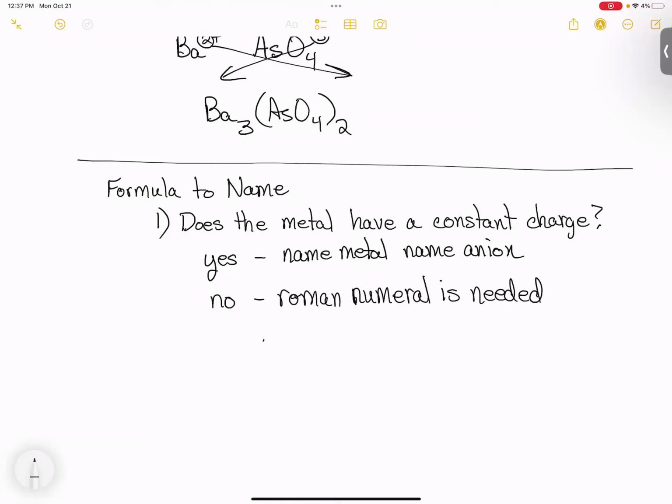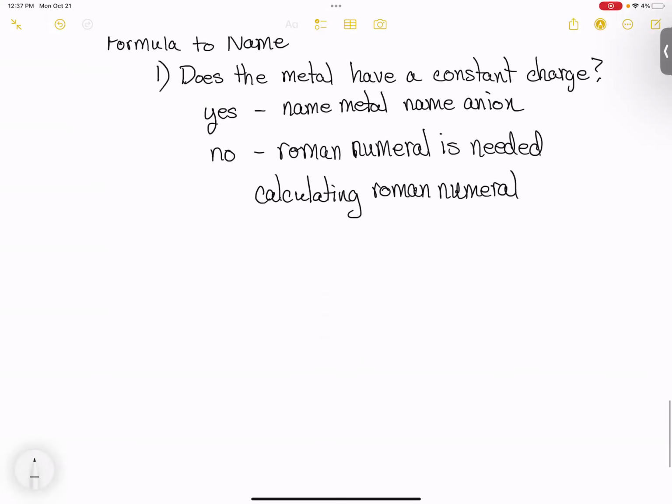So, calculating the Roman numeral. It will be the number of cations times some variable like y. I'm just using y. It's just a variable.